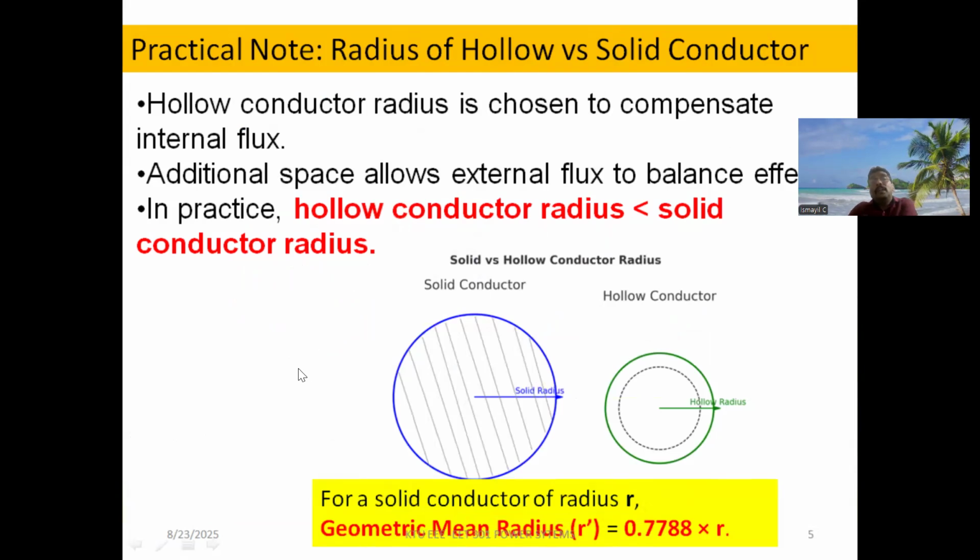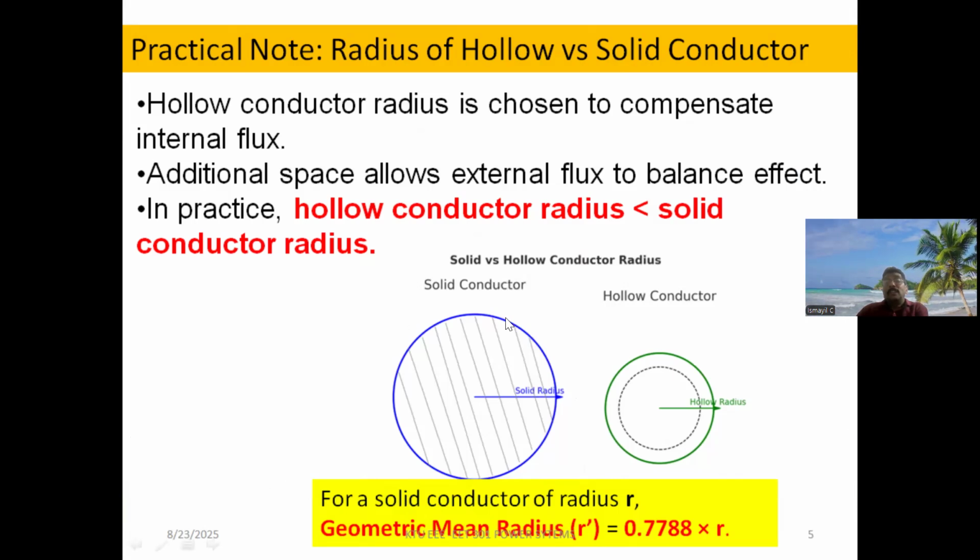Now we will see the comparison of this radius. The hollow conductor radius is usually less than the solid conductor radius, since the additional space allows external flux to balance the effect.